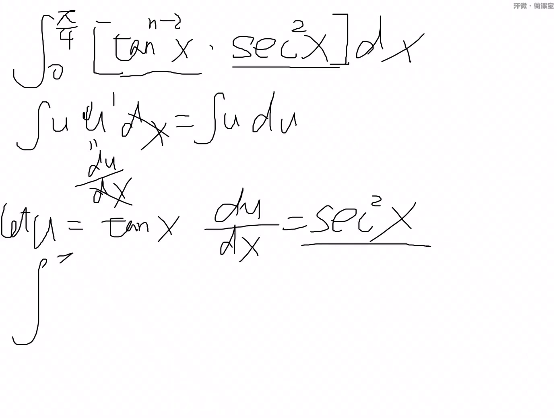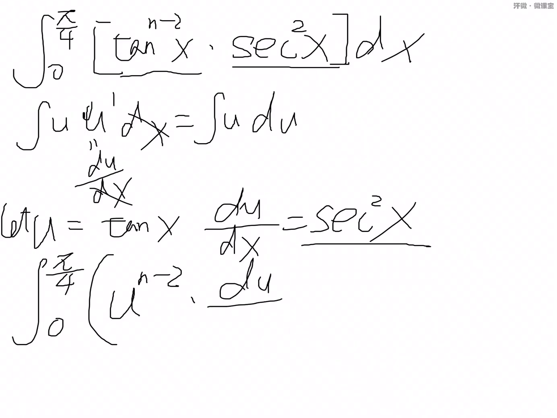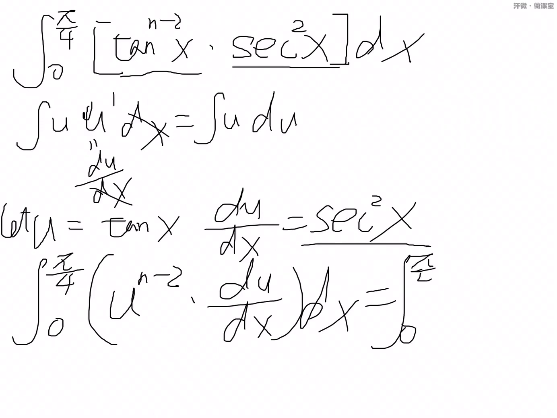So the original function will be the integral from 0 to pi over 4 of u to the power of n minus 2 times du over dx, dx. So it equals the integration of u to the power of n minus 2 du.